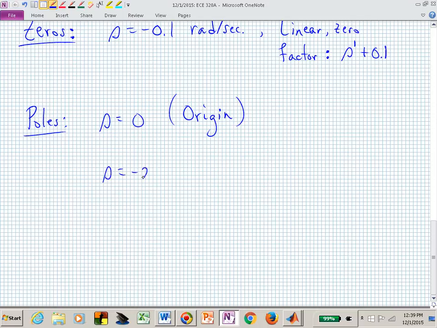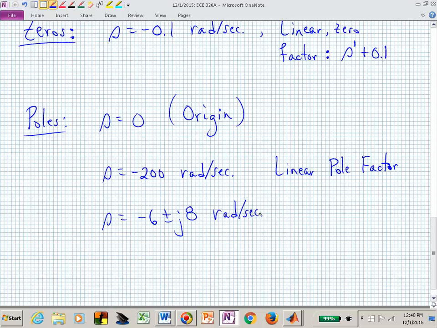We have a linear pole factor that gives rise to a pole at minus 200. And then we have this complex factor that has poles at minus 6 plus and minus j8, and all of these poles and zeros are on the imaginary axis or in the left half plane.